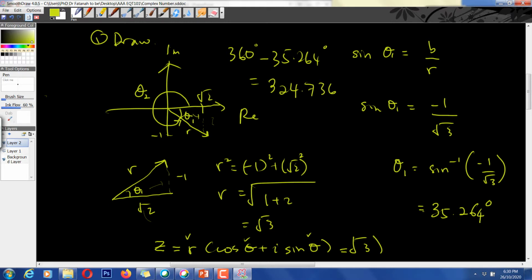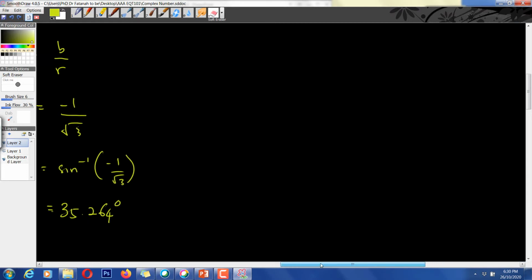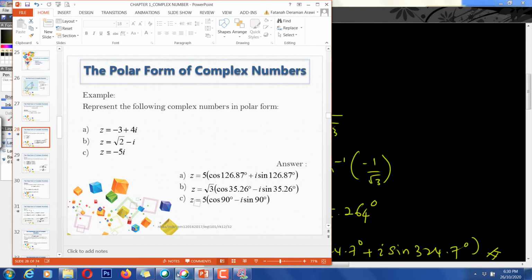So we get r is square root 3, cos 324.7 plus i sin 324.7 degrees, right? So that is enough. We answer the question.